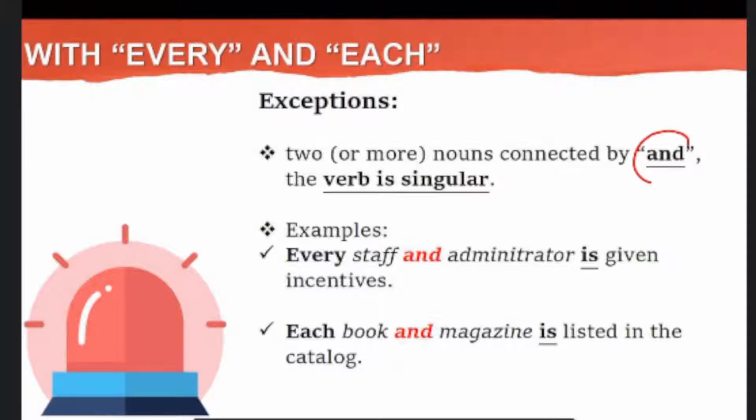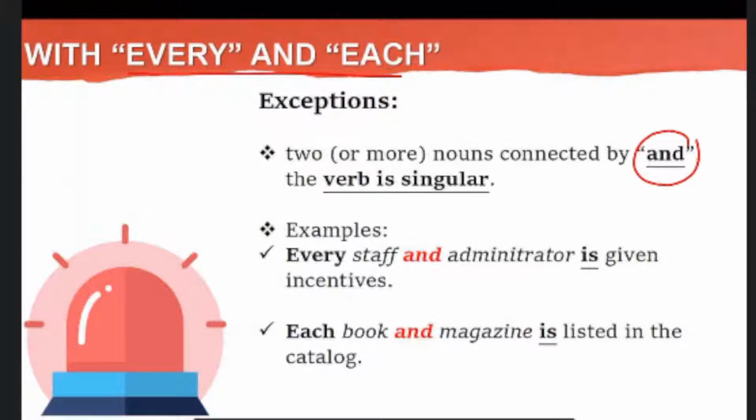Confusing, right? In the previous slide, I said two or more nouns connected by and will be plural. However, here, that's why I said there is an exception. But it is not an exception for the use of and; this will be the exception for the use of every and each.